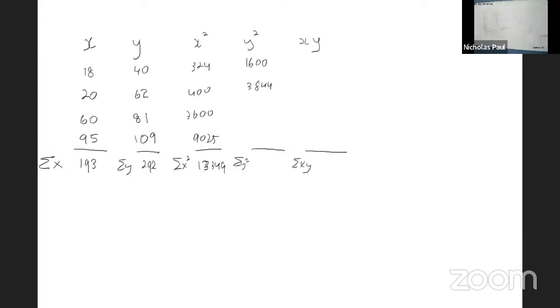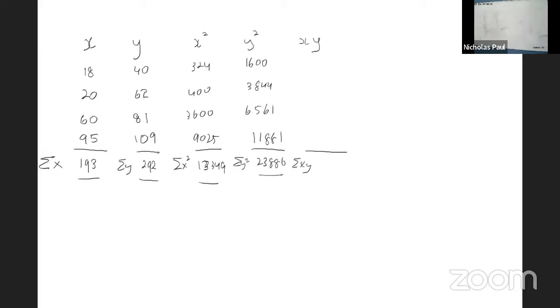And 109 squared. 109 squared, 11881. And the total is what? 23886.